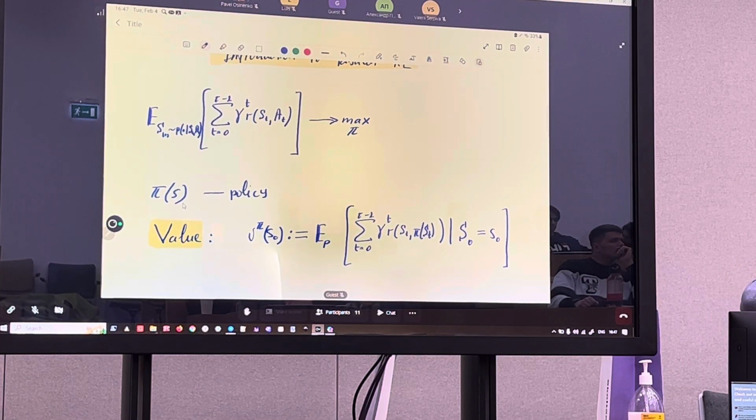I will try to follow the rule that in the superscript, I put something that is not timeline, that is not related to time steps. So for example, if I am talking about the value of the policy pi, I put pi in the superscript.